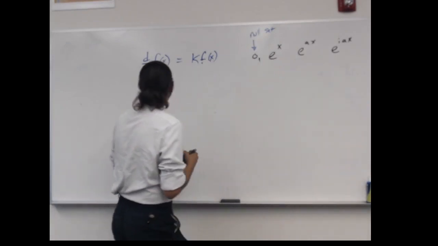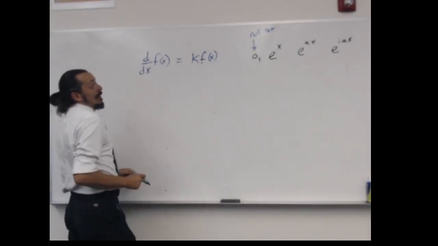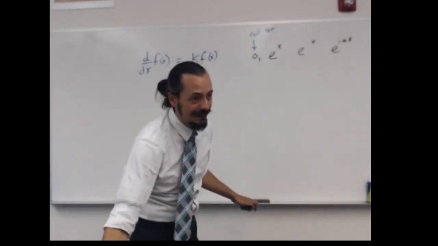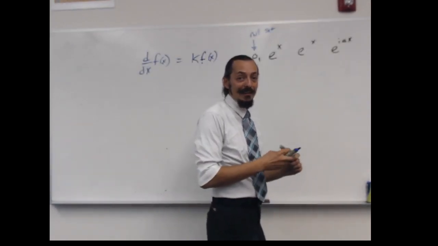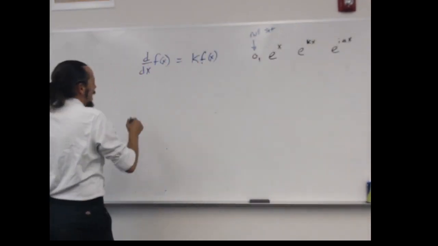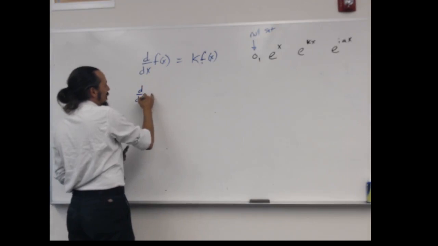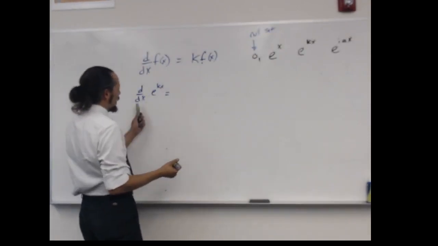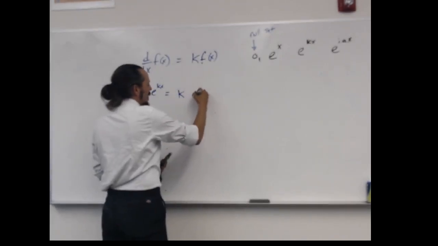Let's look at the e to the ax. If I'm going to switch that from a just for fun, what am I going to switch it to? Okay. If I have d by dx of e to the kx, I take the derivative, I get k e to the kx.